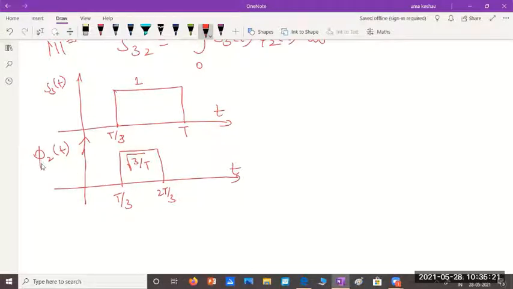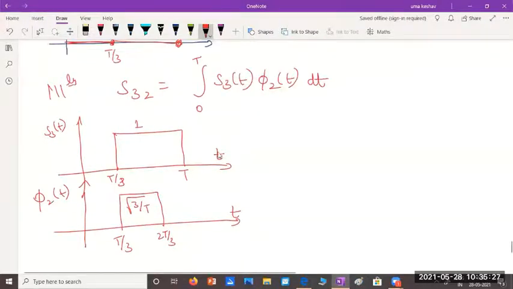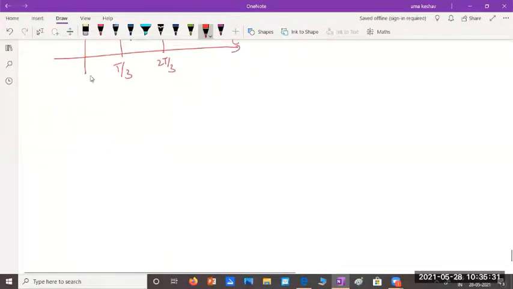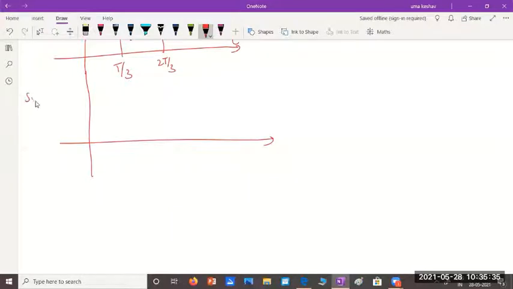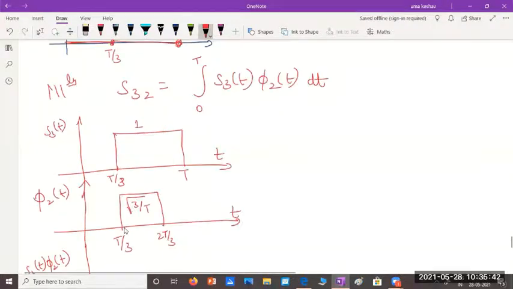This is phi 2. What am I supposed to do? I am supposed to multiply these two signals according to this equation and find the area under the curve. So when you multiply, what will you get? S3 of t into phi 2 of t. What would it be? Between t by 3 to 2t by 3, it is root 3 by t into 1.